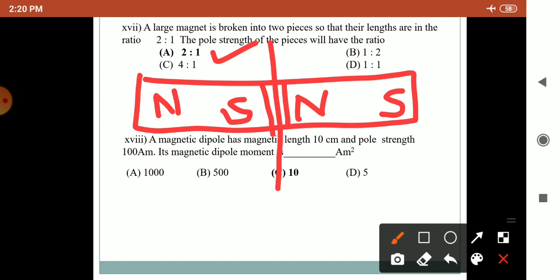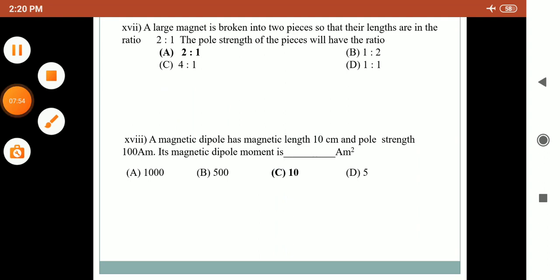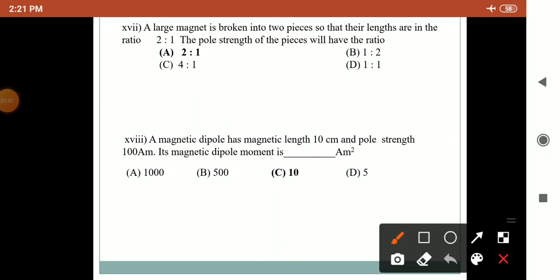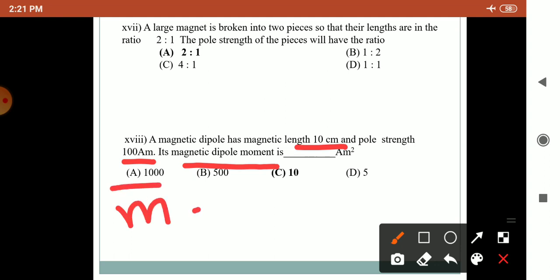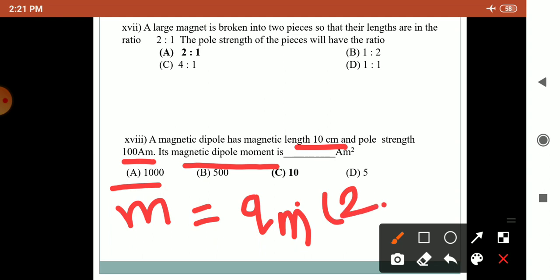Next question: a magnetic dipole has magnetic length 10 centimeter and pole strength 100 ampere meter. Its magnetic dipole moment is? Length is 10 centimeter and strength is 100. So what is the formula for magnetic dipole moment? It is equal to Qm, that is pole strength, into 2L.